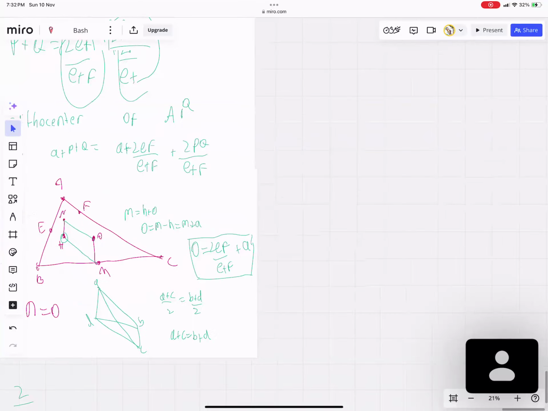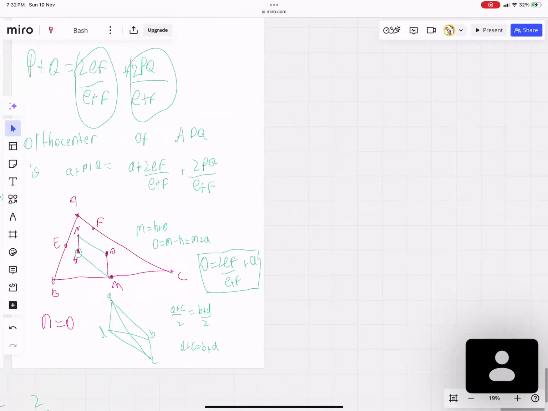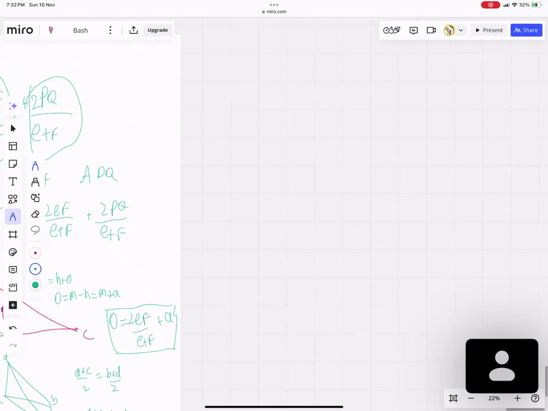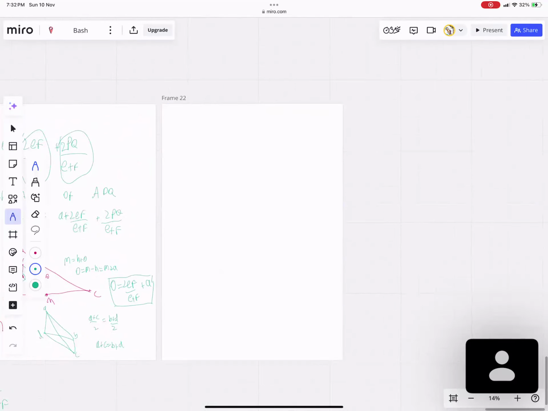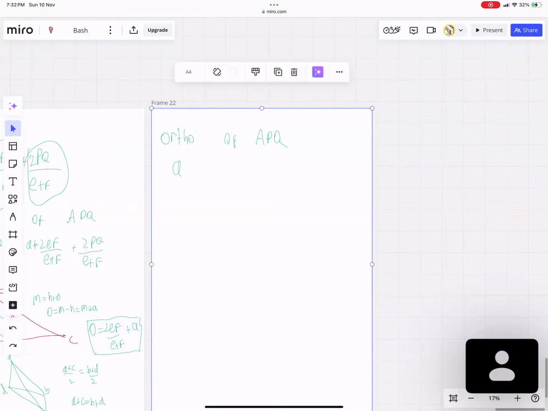Now, can anyone see the finish from here? Okay, so let me just write this down. Wait, this is a bit messy. So we got that the orthocenter of APQ is equal to E plus. Let me just write this in red.